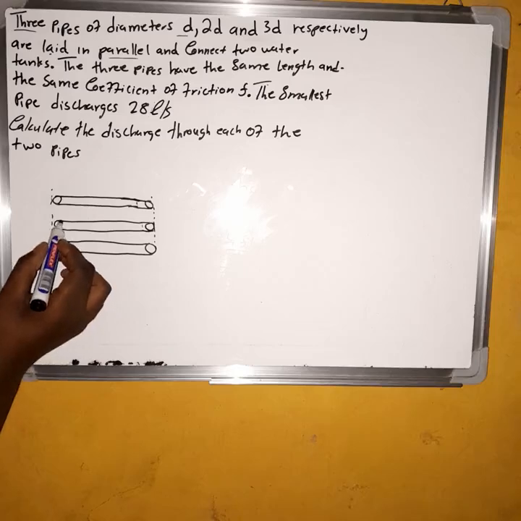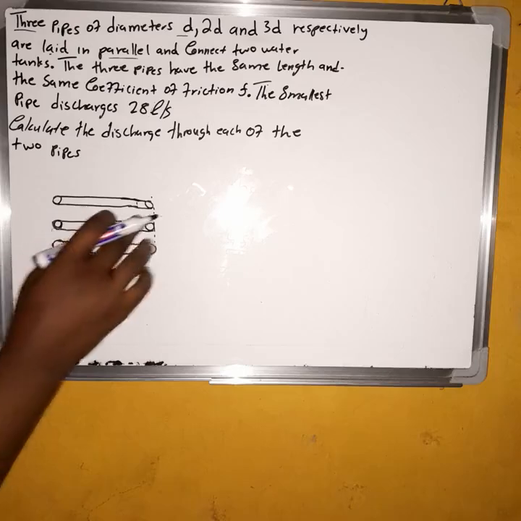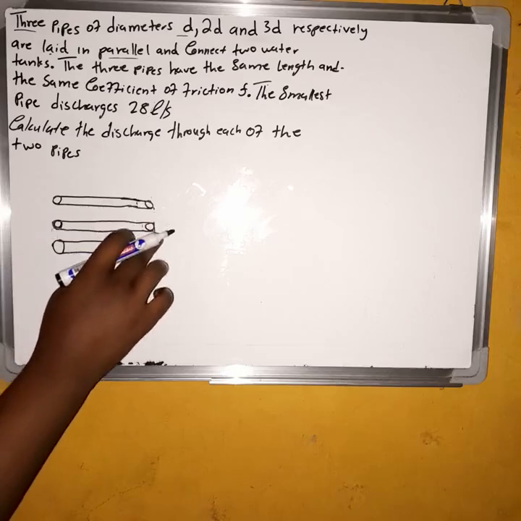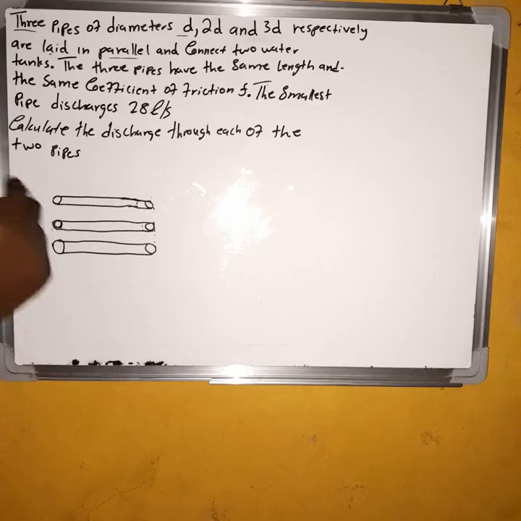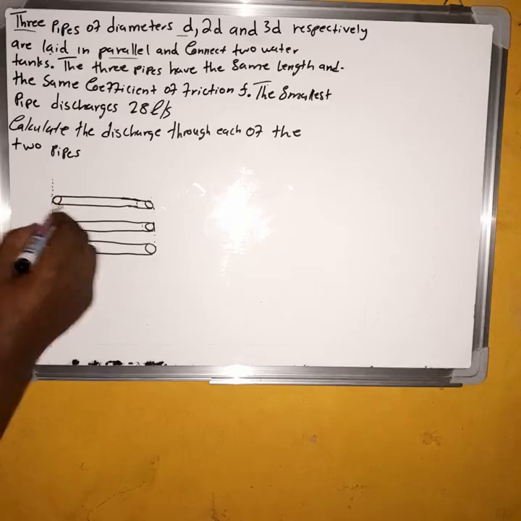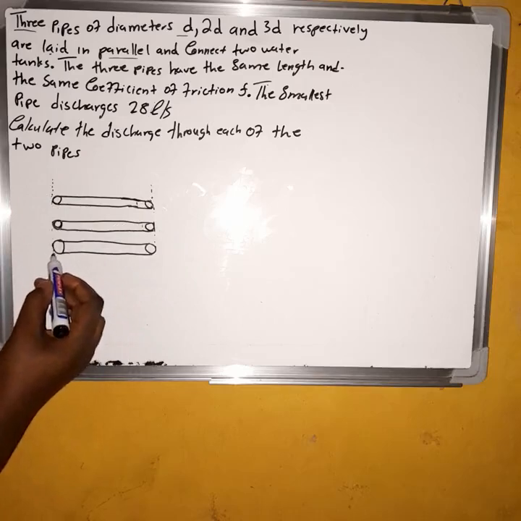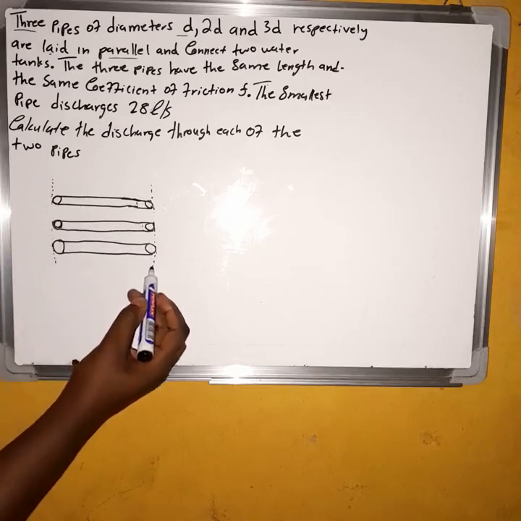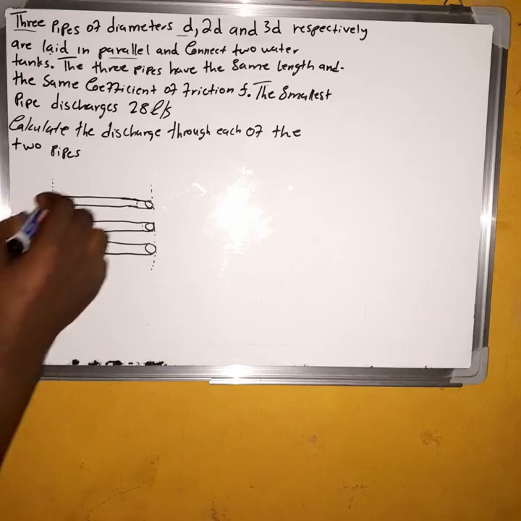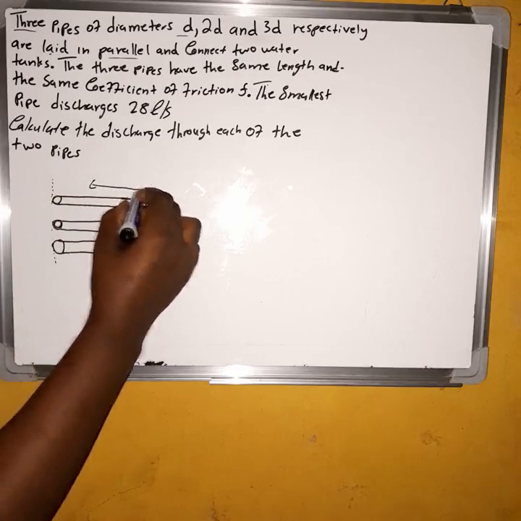That means the distance of this pipe from here throughout is the same. This is the length of the pipe, which is the same.